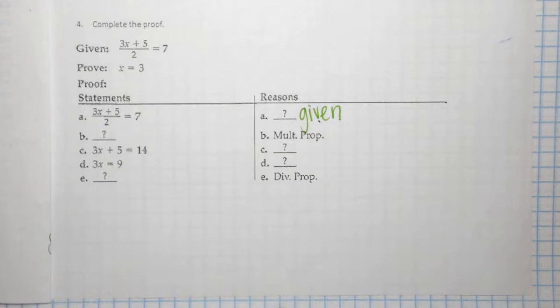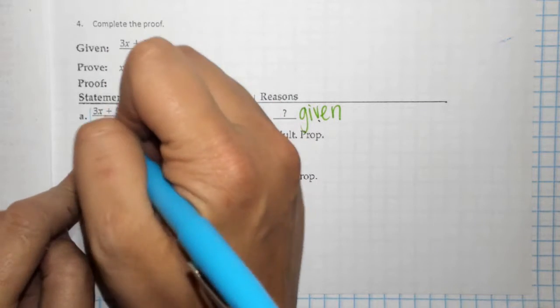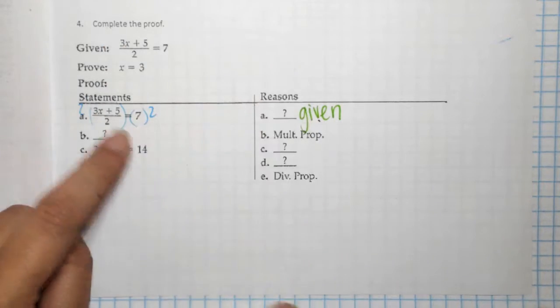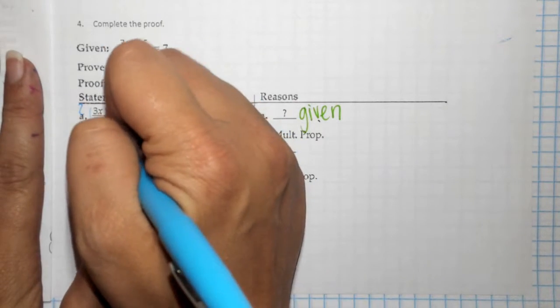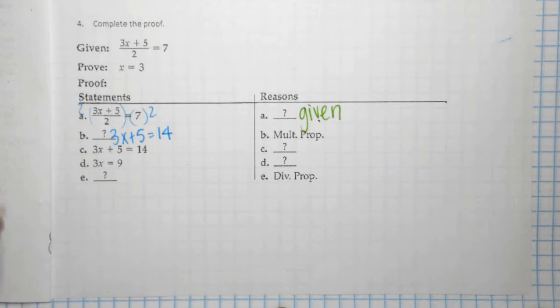Okay, so then they said they multiplied. So if we multiply by 2, because we want to get rid of our fraction, that gives us 3x plus 5 equals 14.